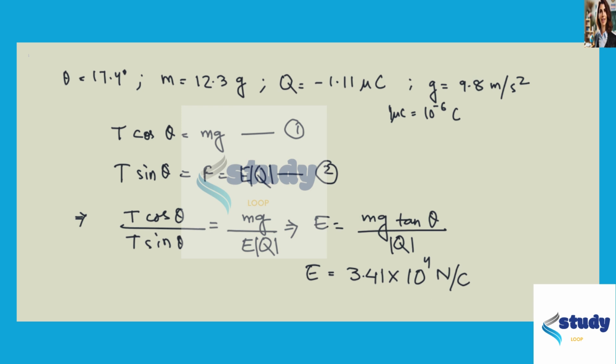Now, the time to consider this sign on the charge, and that will help us to find the direction of the electric field. Since the charge on the ball is negative, this force F has to be towards the right in order to cancel the horizontal component of T, which means that electric field has to be towards left, because the charge Q is negative.